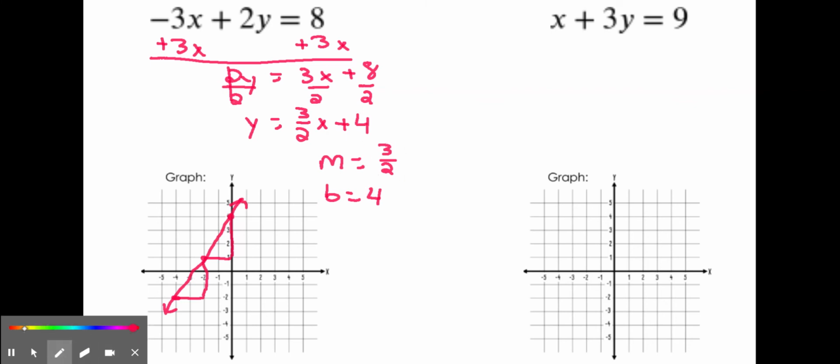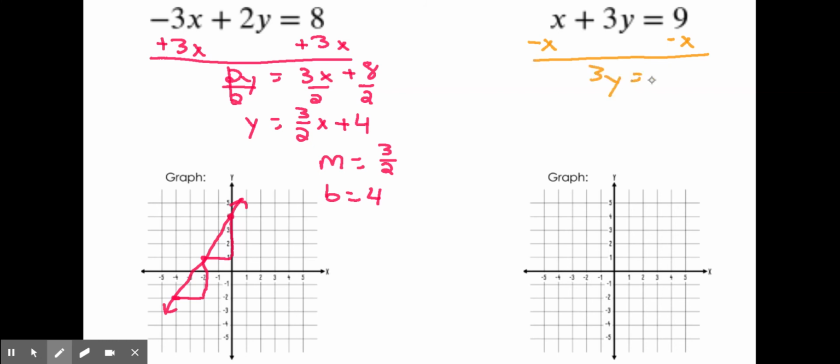Let's convert another one. x plus 3y equals 9. So I'm trying to isolate the y. I need to move this plus x. So I'm going to subtract x from both sides. And I get 3y equals -x plus 9. Now I need to divide every single thing by 3.